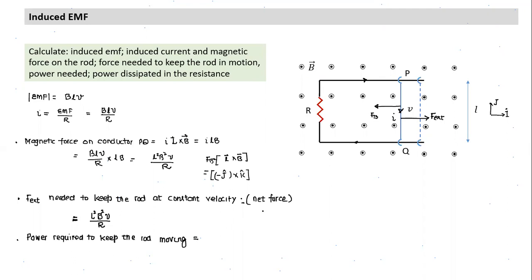Force dot velocity. Power is equal to F dot V. This is the force, I multiply by velocity. The power required will be equal to L square, B square, V square by R.